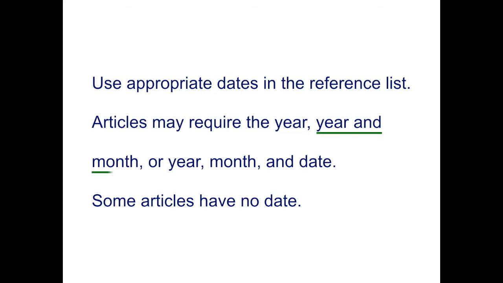For something like a magazine, the year and the month would be appropriate, since magazines come out on a monthly basis. And for a newspaper article, you're going to want to put in the year, month, and date, because newspapers come out on a daily basis.